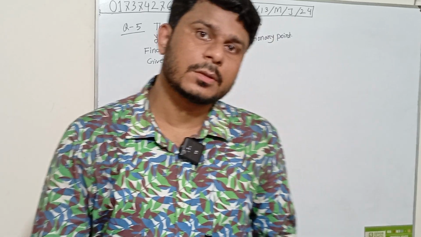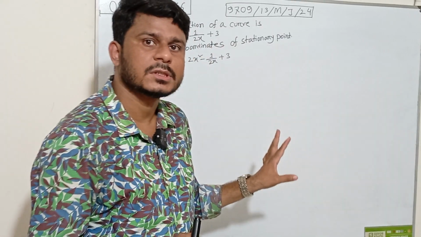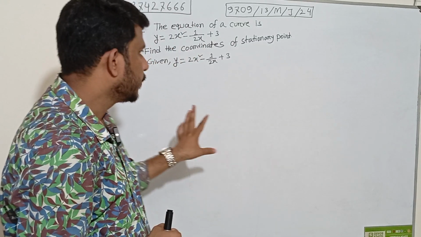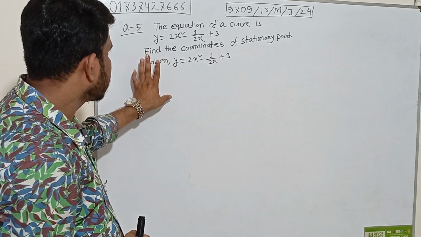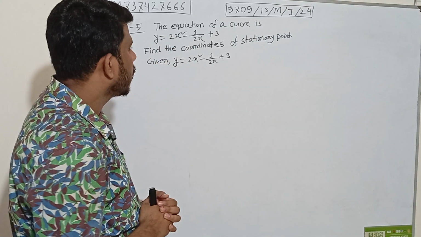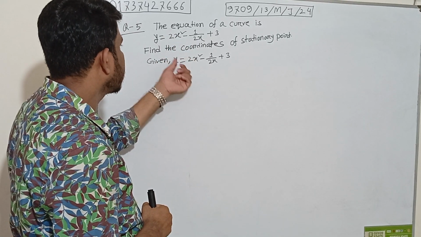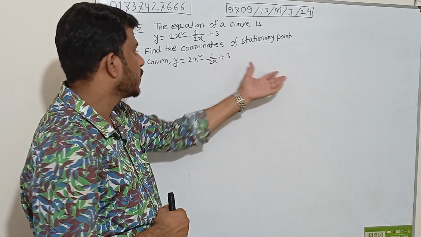Today we are going to solve one question from a Cambridge A-Level Pure Math 1 question paper. Given that the equation of a curve is this, find the coordinates of a stationary point.